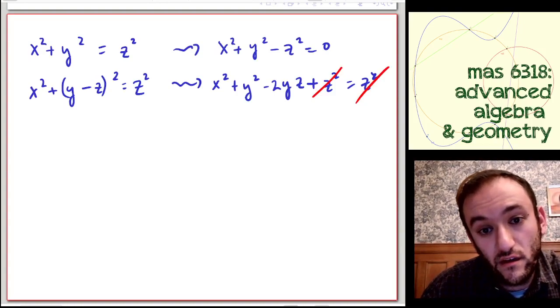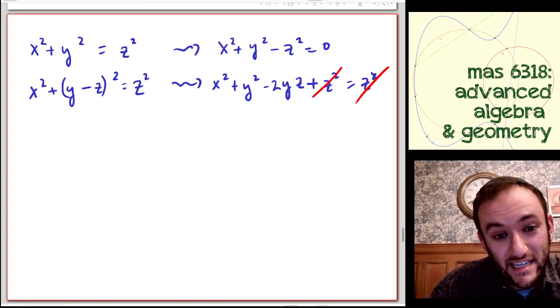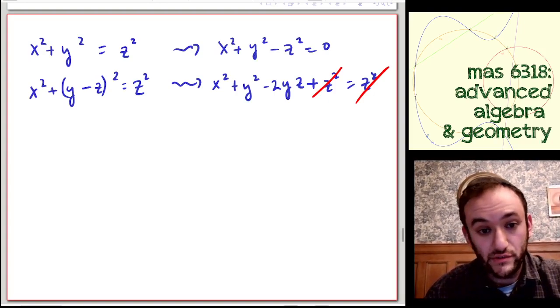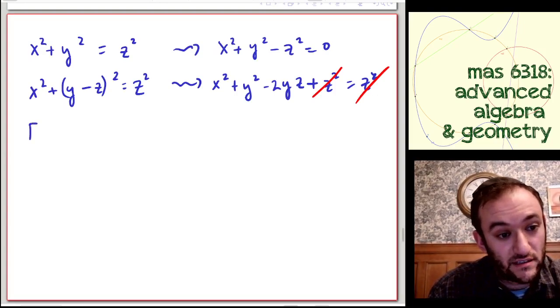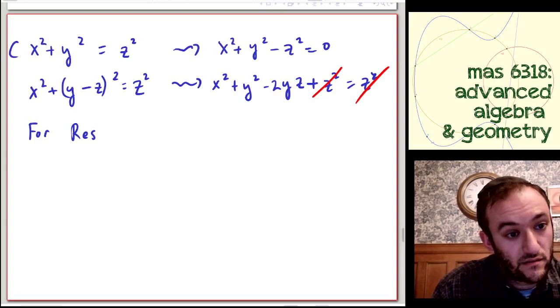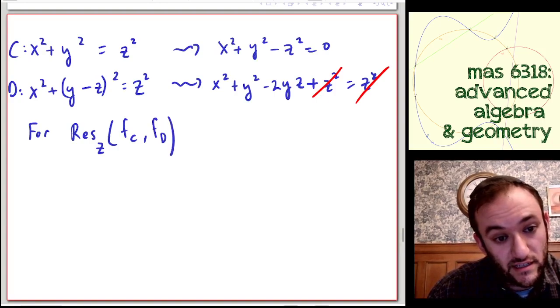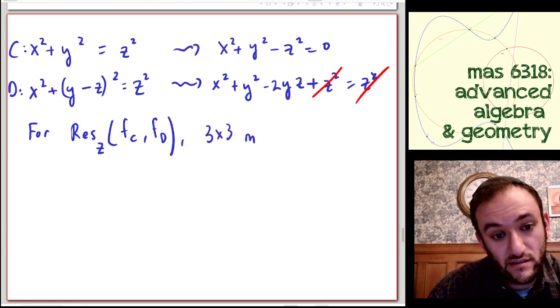Okay? So now when it comes to z, this is degree 2 and this is degree 1. So when we're building the resultant, let's say this is C and this is D. For the resultant with respect to z of the polynomials corresponding to C and D, we'll need a 3 by 3 matrix. Okay?